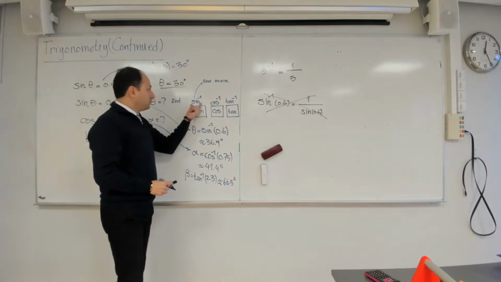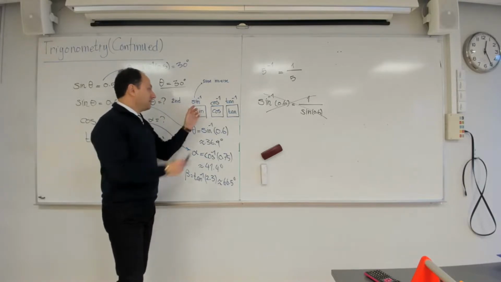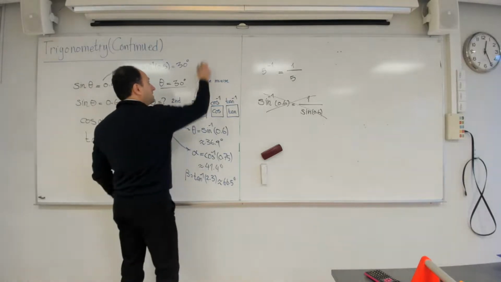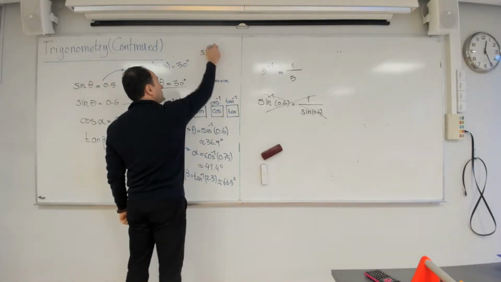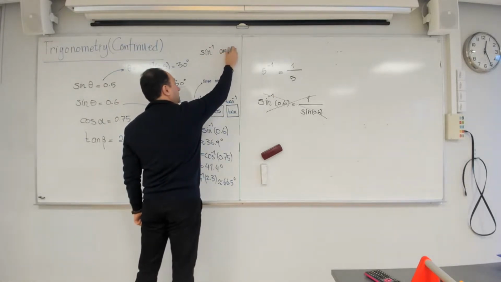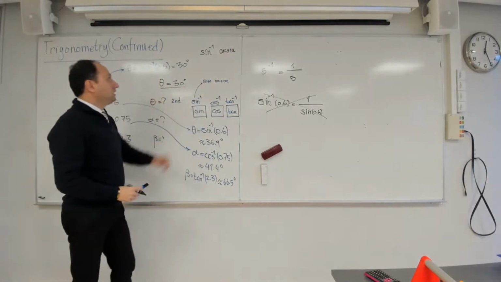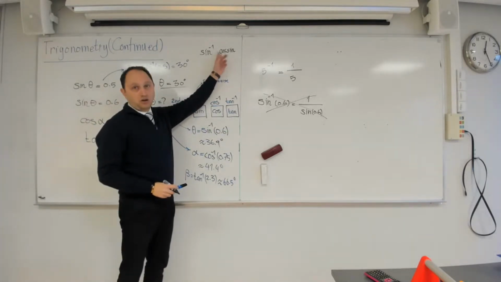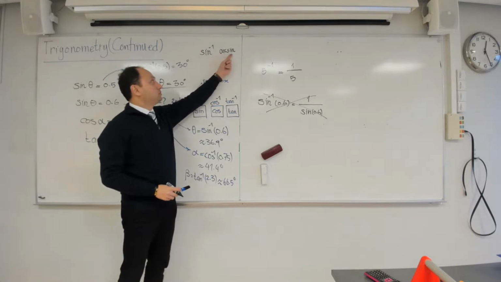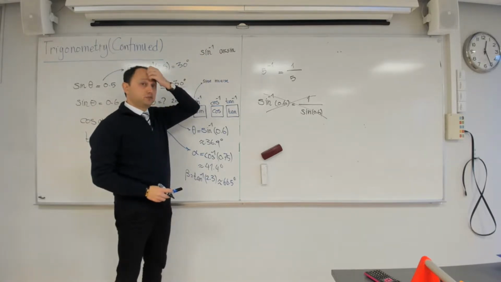Another proper name for this, instead of sine inverse, in some books you see people write arc sine, A-R-C, arc sine. I would prefer this symbol because there is no matter of confusion.